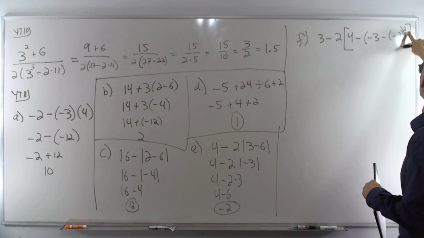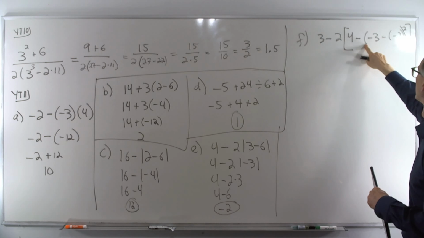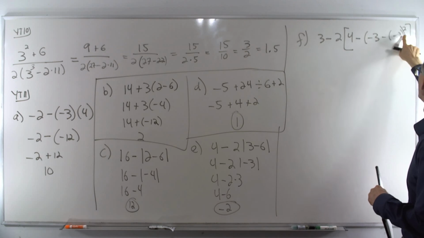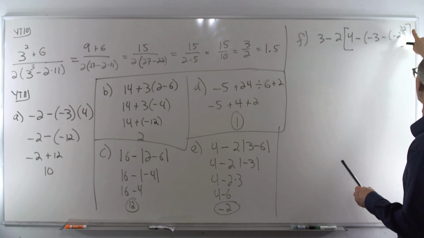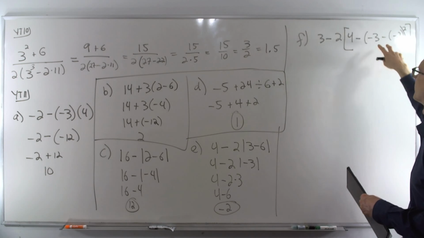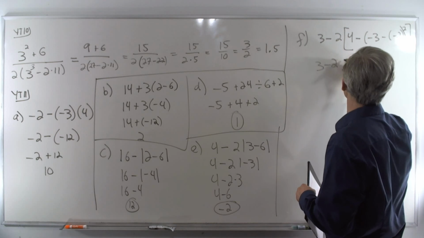Well, the exponent is applied to everything inside these parentheses. So first thing we need to do is combine everything inside the parentheses first. All right, don't apply the exponent to these things until we combine them. Remember, grouping symbols come first.